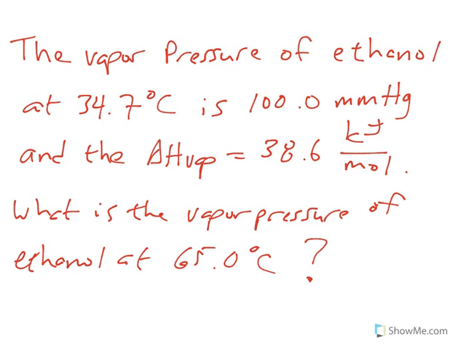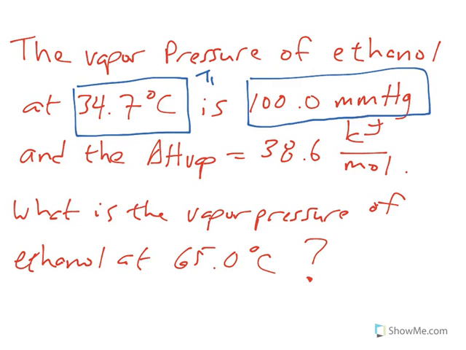So this is where we're going to have to use that two-point form. What do we have? We have a temperature here. We'll call this T1 because it's the first temperature we ran across. We could have called it T2, T78, it doesn't really matter. And it's also telling us that we have a pressure at that corresponding temperature, so I'm going to call that P1.